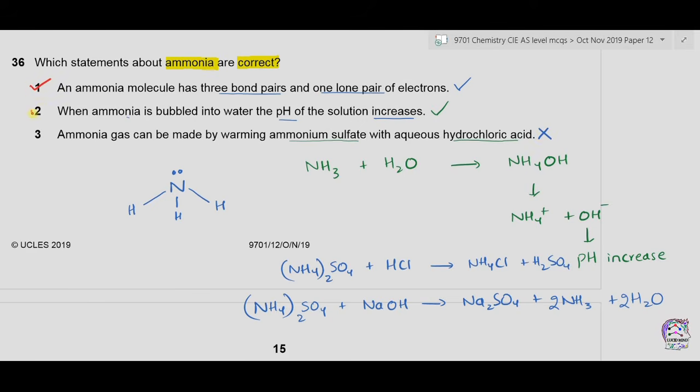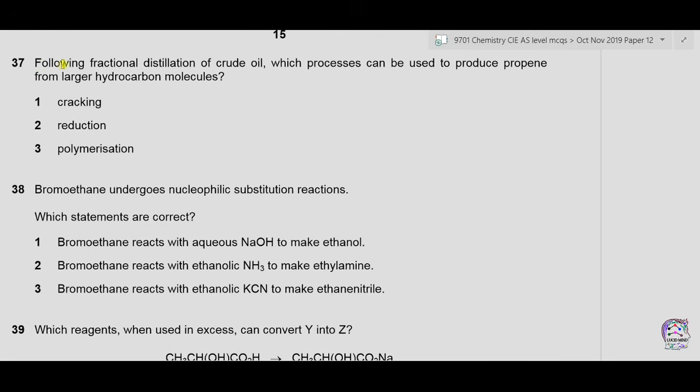As options 1 and 2 are correct, the answer is B. Question 37. Following fractional distillation of crude oil, which processes can be used to produce propene from larger hydrocarbon molecules? Option 1 is cracking.